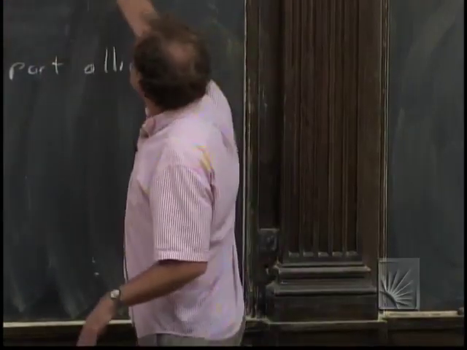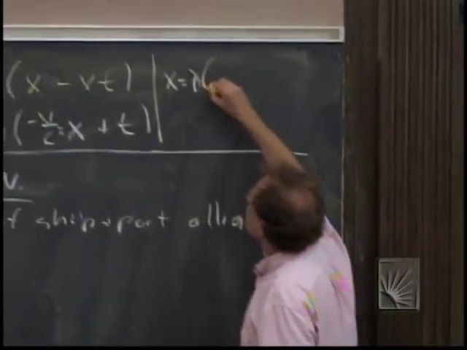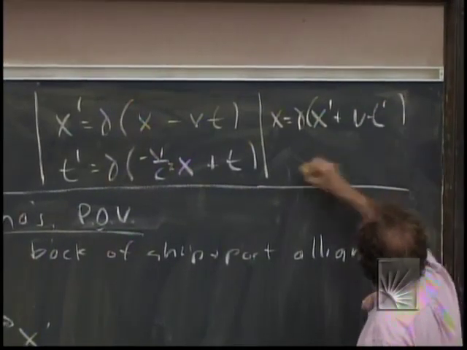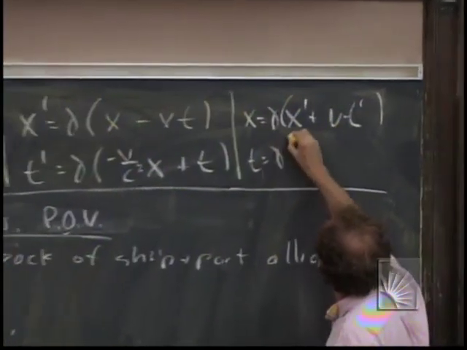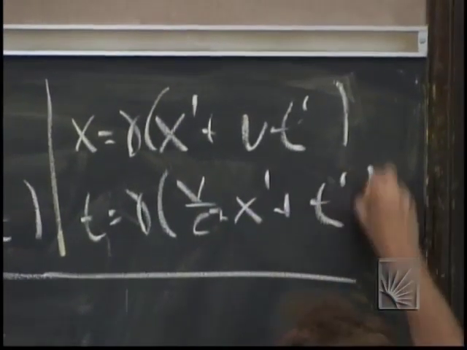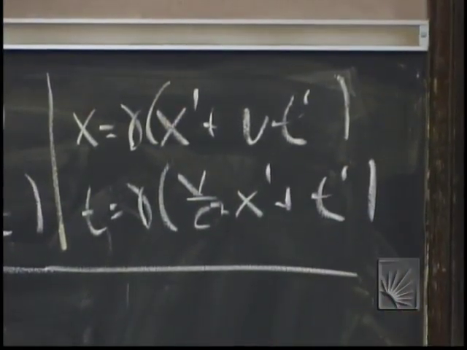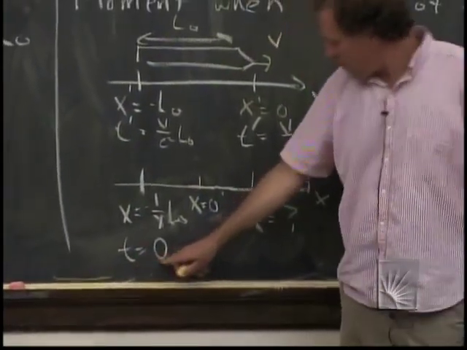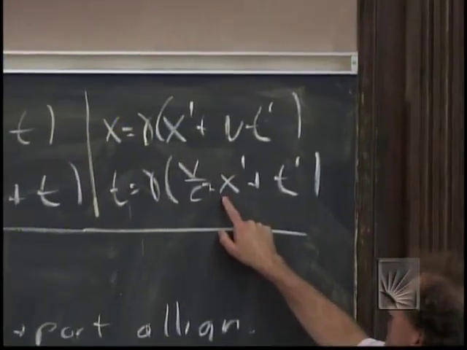So having written this down, x is just simply gamma (x prime plus v t prime), and t is simply gamma (v over c squared x prime plus t prime). I'm not going to write math down, but if this is t equals 0, and then I move over to the right, I'm just going to increase x prime.